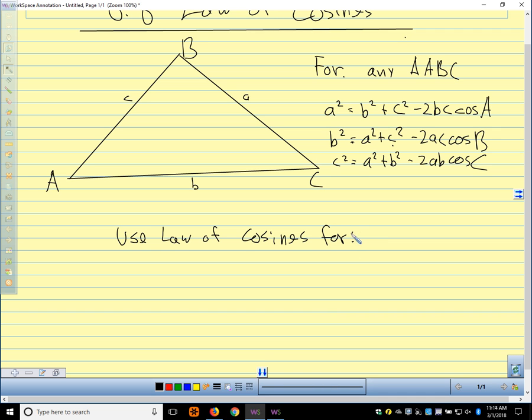So we had a couple different kinds of triangles that we said we use the law of sines for. We use the law of cosines for side angle side triangles. So we have two sides and an angle between.